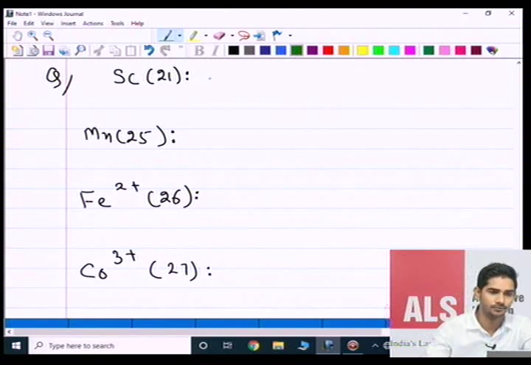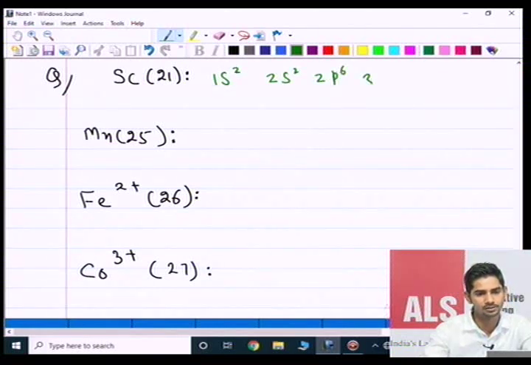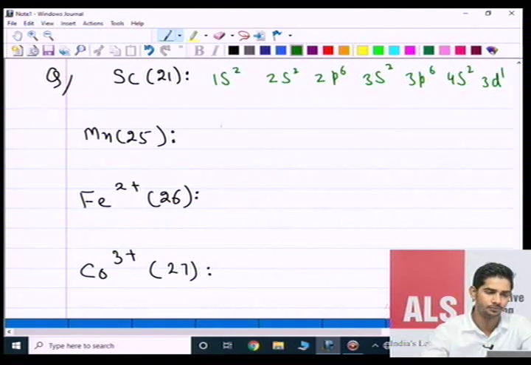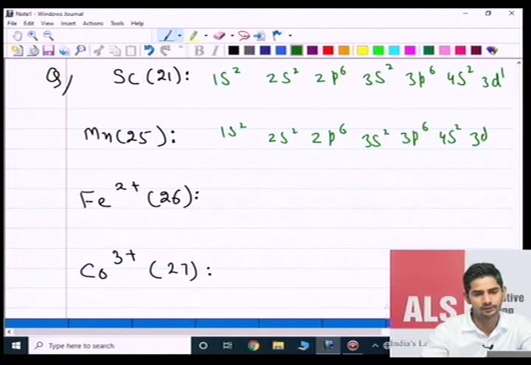Okay, let's start. This is 1s2, 2s2, 2p6, 3s2, 3p6, 4s2, 3d1. Then 1s2, 2s2, 2p6, 3s2, 3p6, 4s2, 3d5.